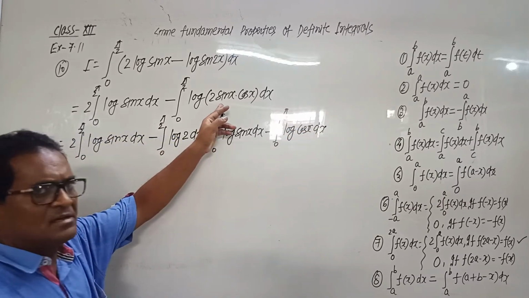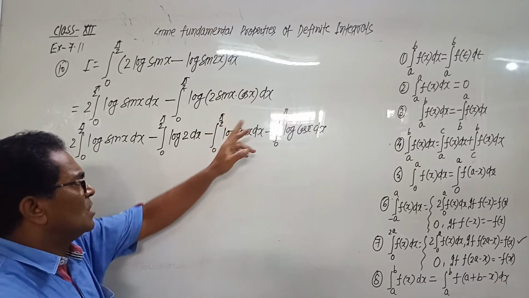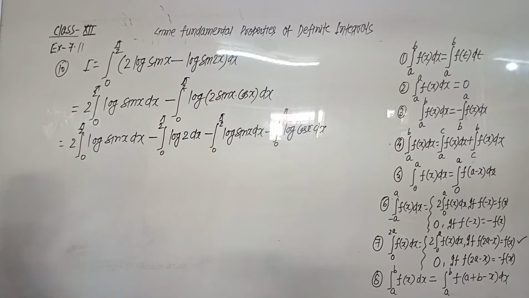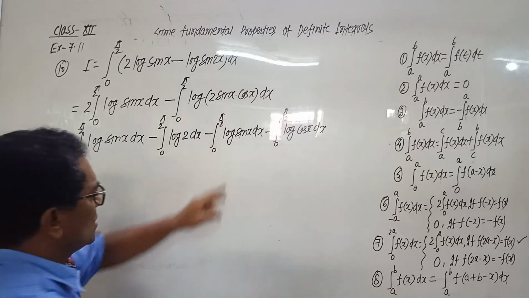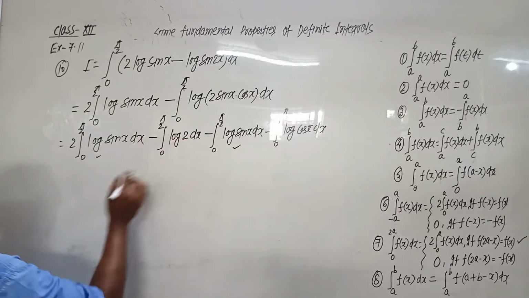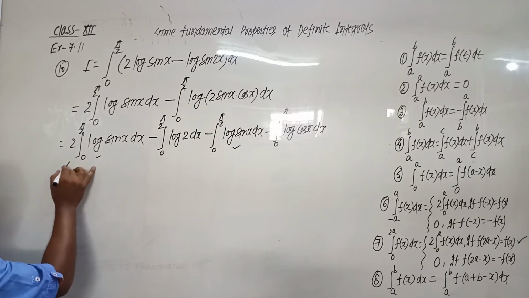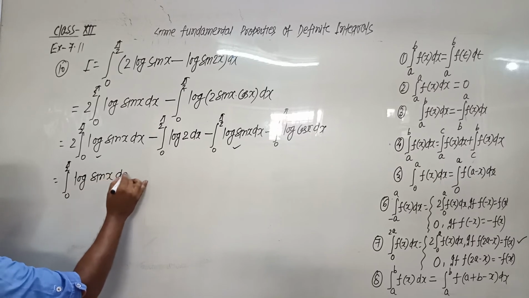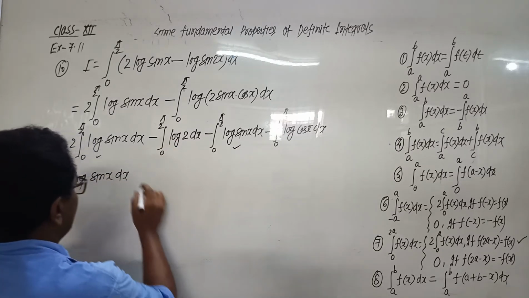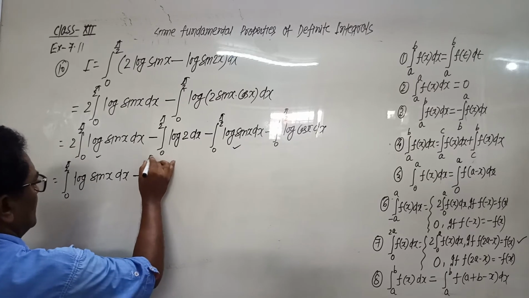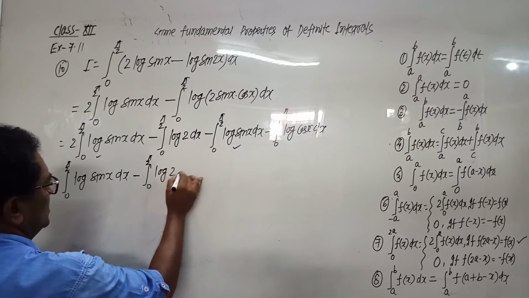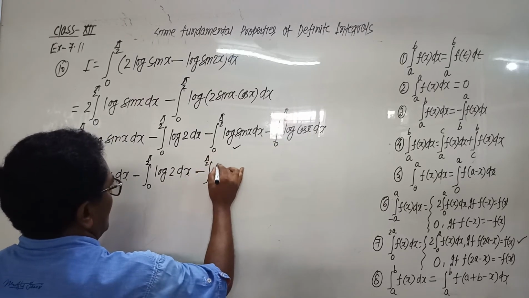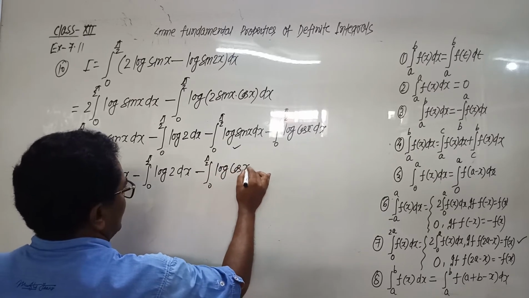We have expressed in the form log a plus log b plus log c, and outside there was minus, so all these three terms become negative. Now 2 log sin x minus log sin x becomes 0 to pi by 2 and log sin x dx. Then minus 0 to pi by 2 and log 2 dx, and then minus 0 to pi by 2 and log cos x dx.